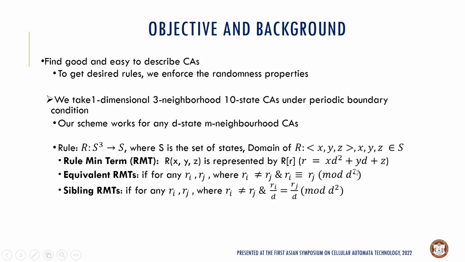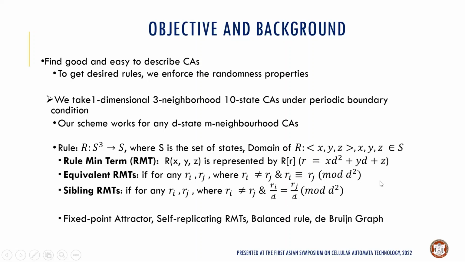There are 2 other terms associated with the RMTs. One is equivalent RMT, another is sibling RMT. Equivalent RMTs are the RMTs which satisfy this equation, and sibling RMTs are those which, if we divide by D, give the same value. There are some other well-known terms associated with CAs, like fixed point attractor and self-replicating RMT.